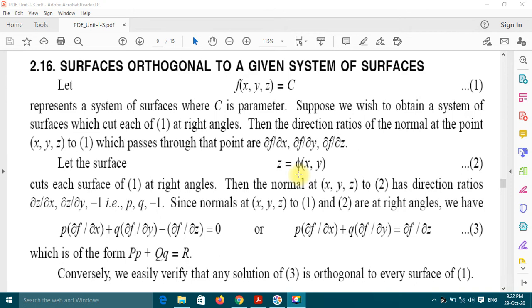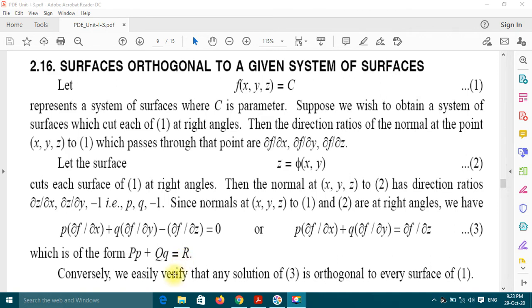So these two surfaces are orthogonal if p ∂f/∂x + q ∂f/∂y − 1 · ∂f/∂z = 0, or p ∂f/∂x + q ∂f/∂y = ∂f/∂z, which is in the form Pp + Qq = R, where capital P, capital Q, and capital R are functions of x, y, and z. Small p and small q are the partial derivatives of z with respect to x and y respectively.